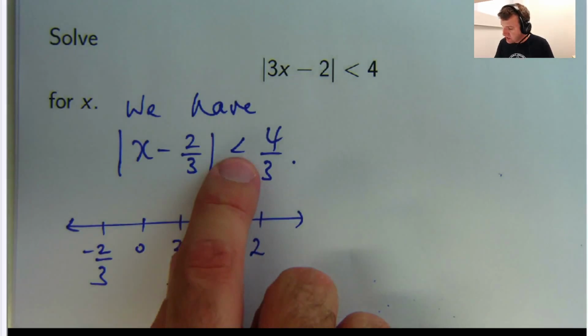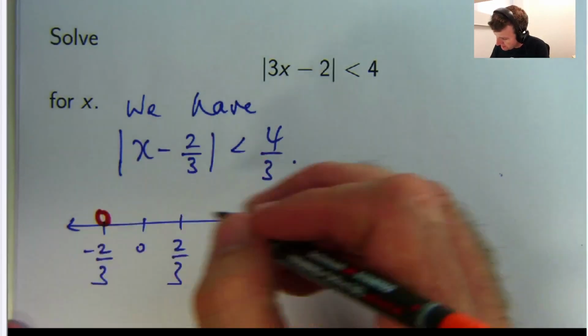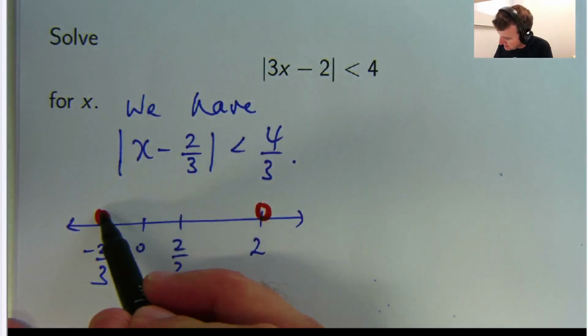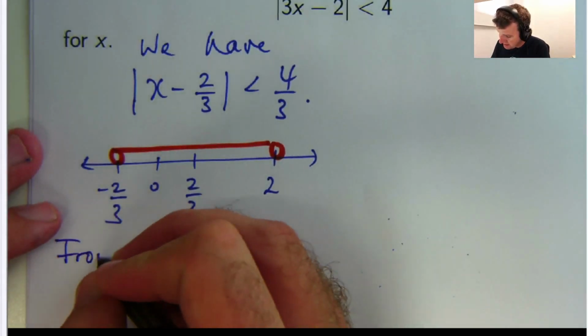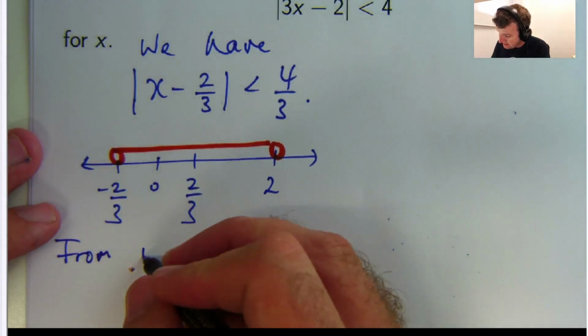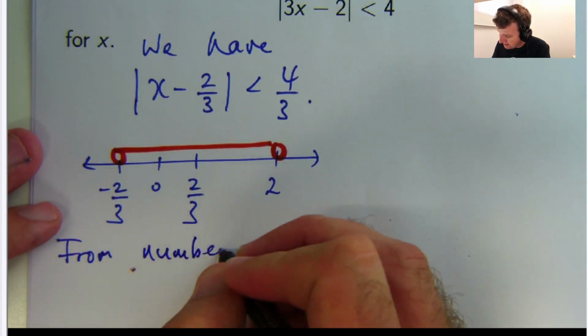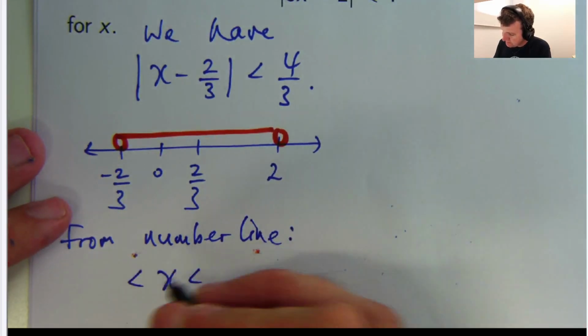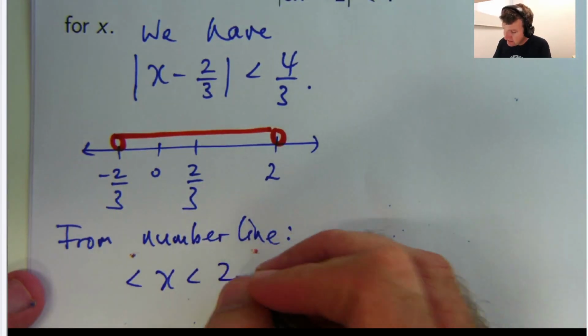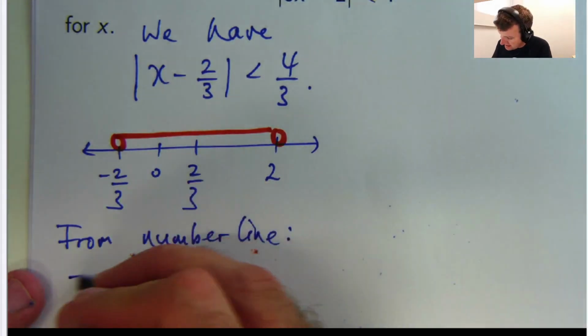Now again, a strict inequality, so I don't want the points that are exactly 4/3 of a unit away. And this is my interval. So from our number line, x is less than 2, but greater than negative 2/3.